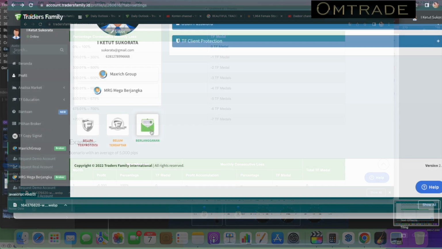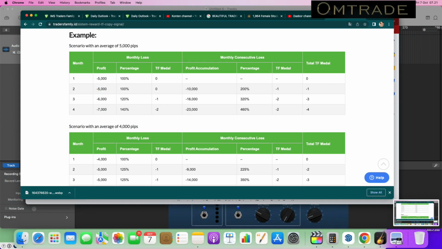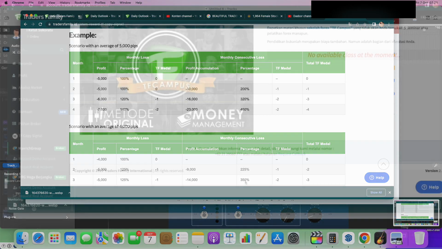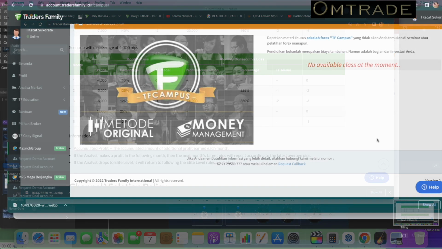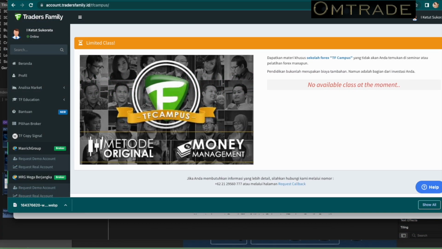And then the last, channel violation policy. Trader family implemented a new policy to improve the performance of users of the traders family application. The new policies are: first, traders family has the right to investigate channels that are considered detrimental to traders family and or application users, as analysts or subscribers.